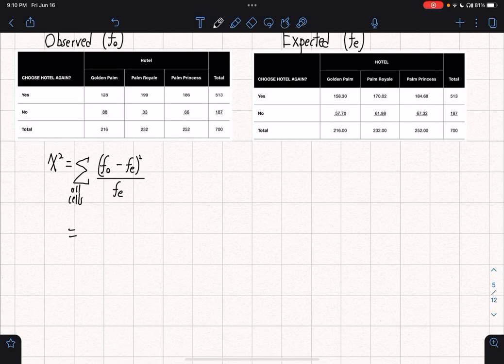So we're going to take every observed value. Let's start with yes, Golden Palm. So this would be 128 minus its expected value of 158.3. We're going to square that difference, and then we divide by the expected, which is 158.3. And then we're going to add.